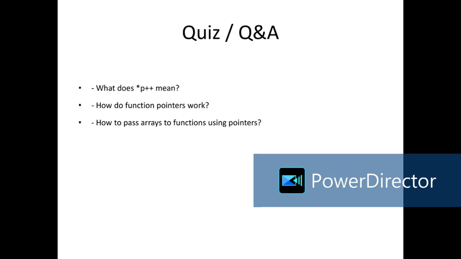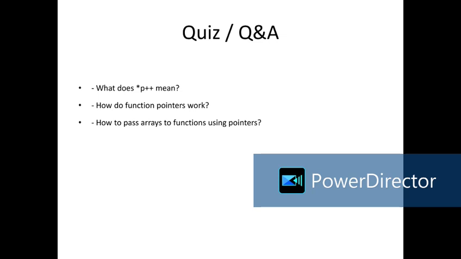Quiz. Now it's time to test your understanding with a quick quiz and discussion. Question 1: what does *p++ mean? Answer: it dereferences p, then moves p to the next address.